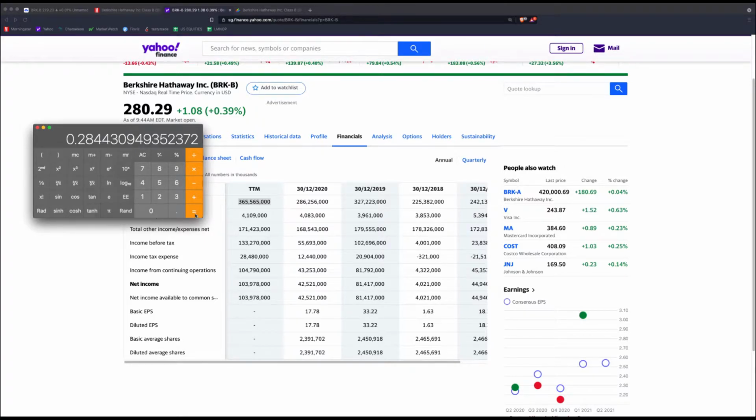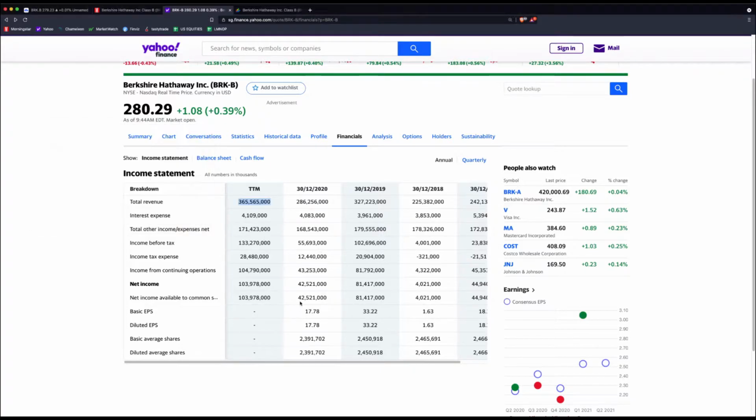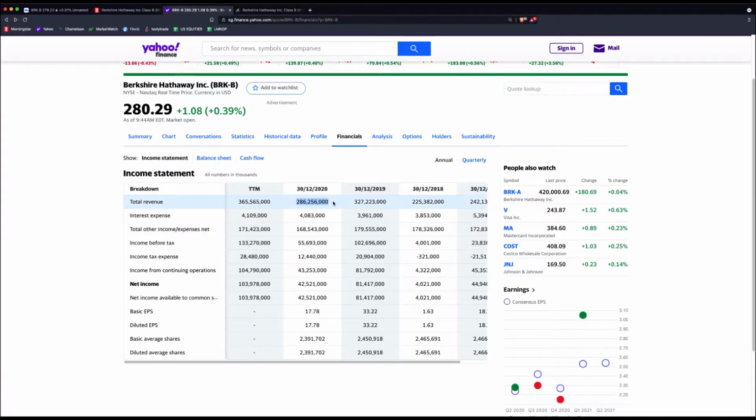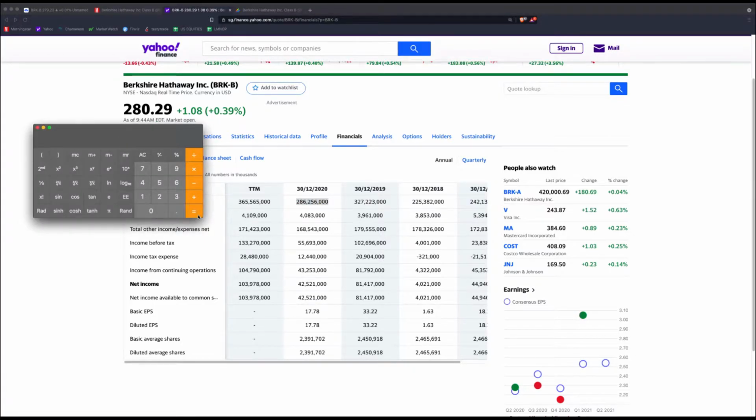The net margin figure is 28. So that's above the figure of 10 that I'm looking for. So even in the year that they didn't do so well, the net margin figure was 15. So even that is still above 10.